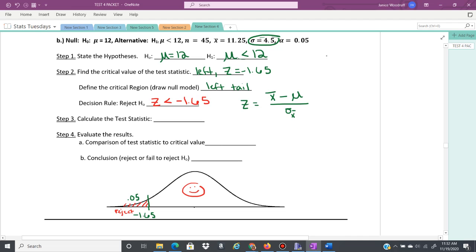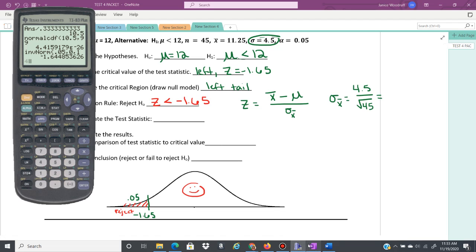So let's find the standard deviation of x bar first, which is going to be the standard deviation 4.5 over the square root of our sample size, 45. So 4.5 over the square root of 45 is 0.6708.